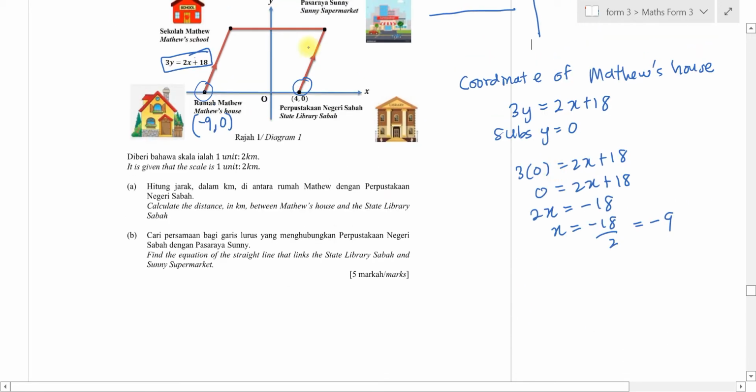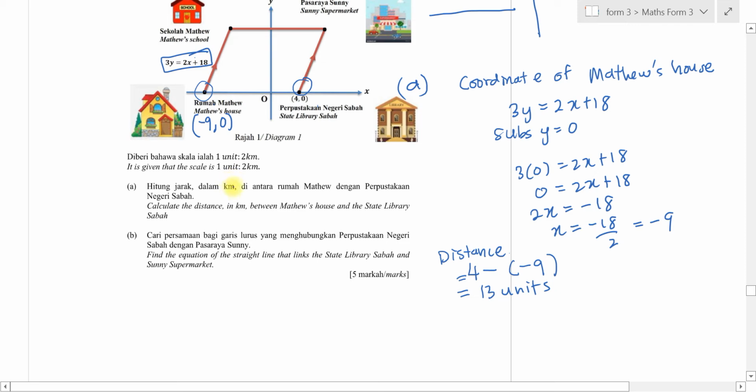So you can start with negative 9 or 4. Doesn't matter. Okay, let's say I start with the positive number. Big number minus the small number is better. So 4 minus negative 9. Now the distance for part A, distance equal to 4 minus negative 9. So you get 13 units.